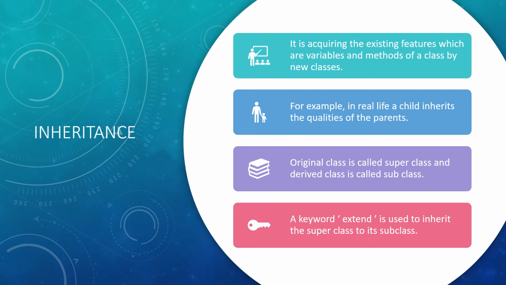The parent class is called as a superclass and this child class is known as subclass. In real life, we see that a child acquires the feature of his parents and will have certain other features also. So that is an example of inheritance in real life. In programming, a keyword extends is used to inherit the superclass to its subclass.